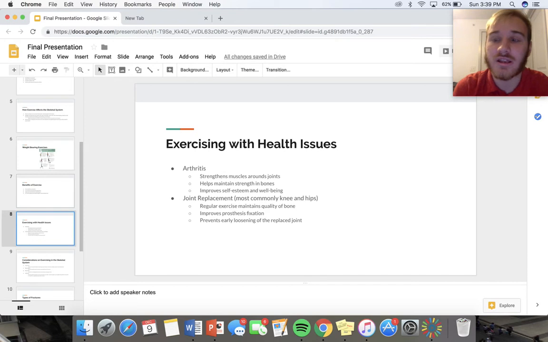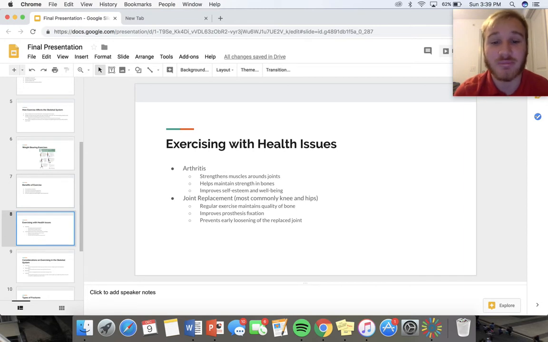It also is important that if you have health issues that involve your skeletal system, you exercise. I decided to focus on two main ones, arthritis and joint replacement. With arthritis, it helps strengthen the muscles around the joints.